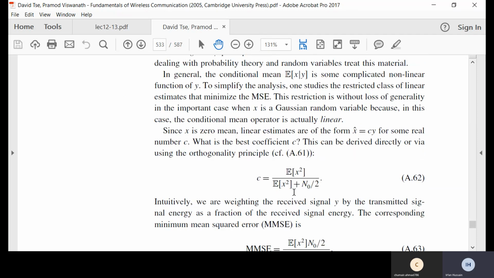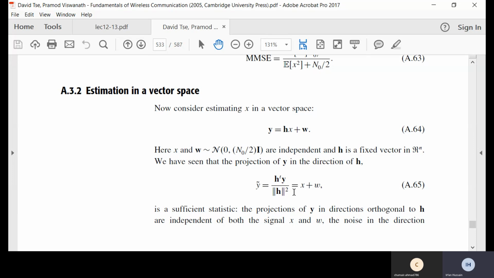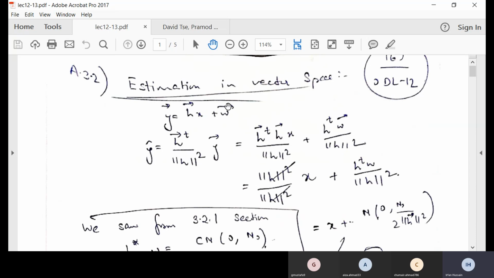Then we need to give the proof for estimation in vector space. That I also was giving, but then I realized that here it is a little bit different as compared to chapter 2. If you could remember, in chapter 3 we had ht over h mod, not h mod square. So here it is a little bit different that I realized. So I have made my new note so that everything is clear.